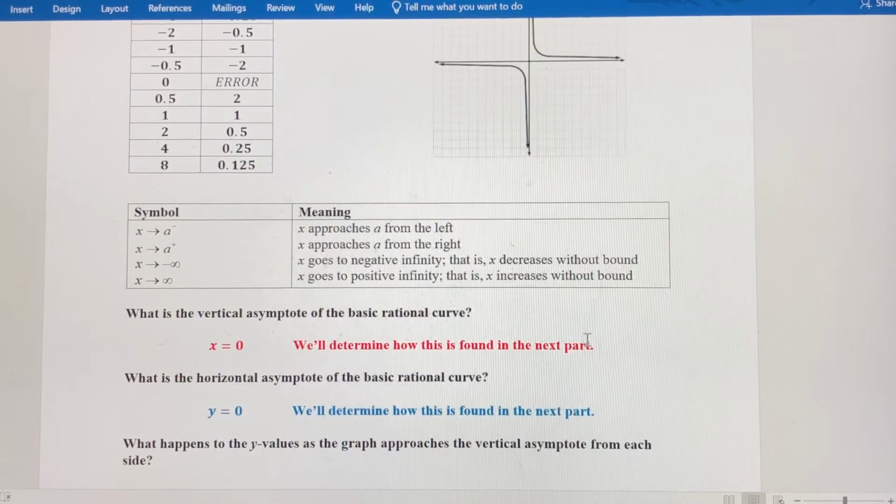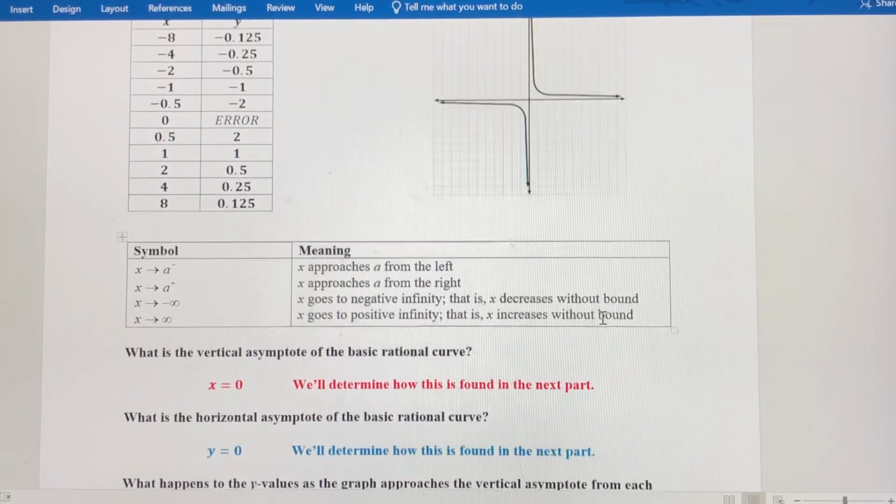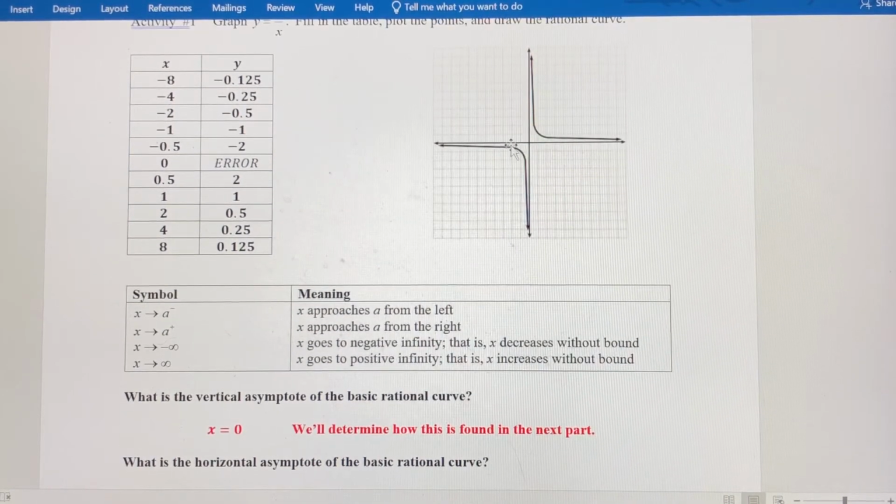Now, what happens to the y values as the graph approaches the vertical asymptote from each side? What that means is, as we approach x equals 0 from the left, what happens? And as we approach x equals 0 from the right, what happens? You can look at the graph or at the table of values over here. I'm going to start with the table. As we get closer and closer to 0, our y value is still negative, but it has a greater magnitude.